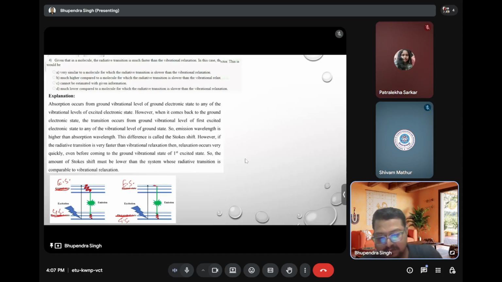Yes, so the answer would be D: much lower compared to a molecule for which the radiative transition is slower than the vibrational relaxation.